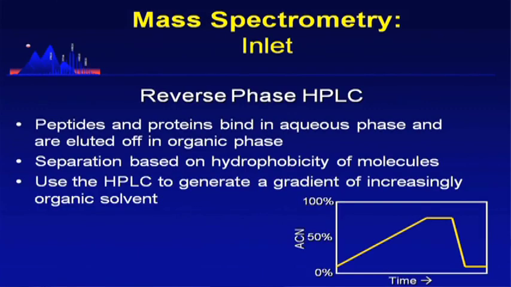So we use our HPLC pump to create a gradient of increasing organic solvent under pressure. Here, for example, over time we increase the amount of acetonitrile that we flow over the column.